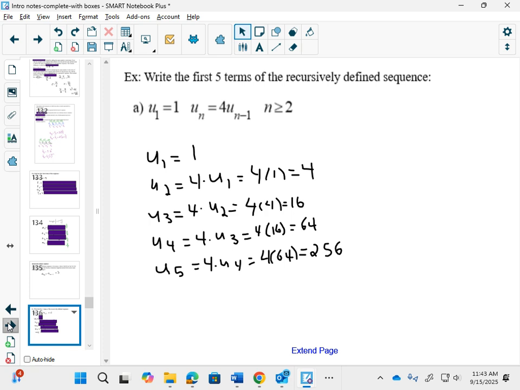Try the next one, write out the first 5 terms. See if you recognize the answers.